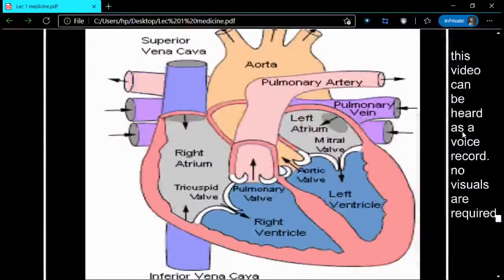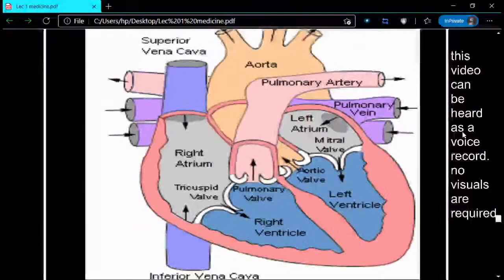Heart valve problems. We have the tricuspid and the mitral bicuspid valves. Also the similar valves of the pulmonary, the aortic and pulmonary valve.